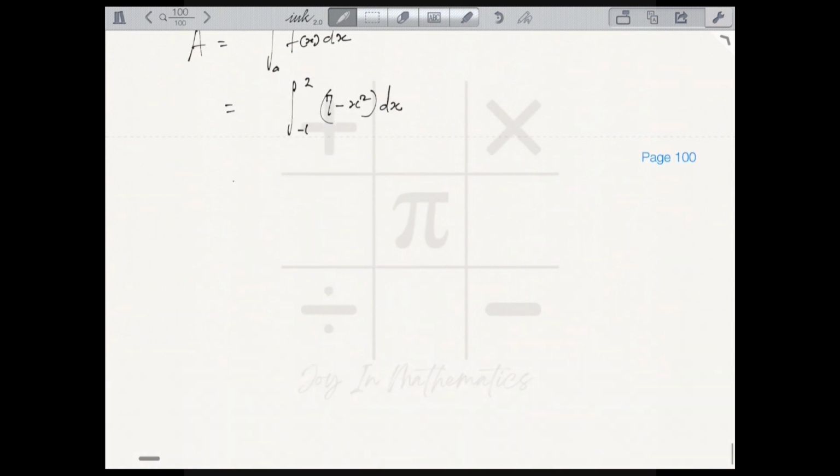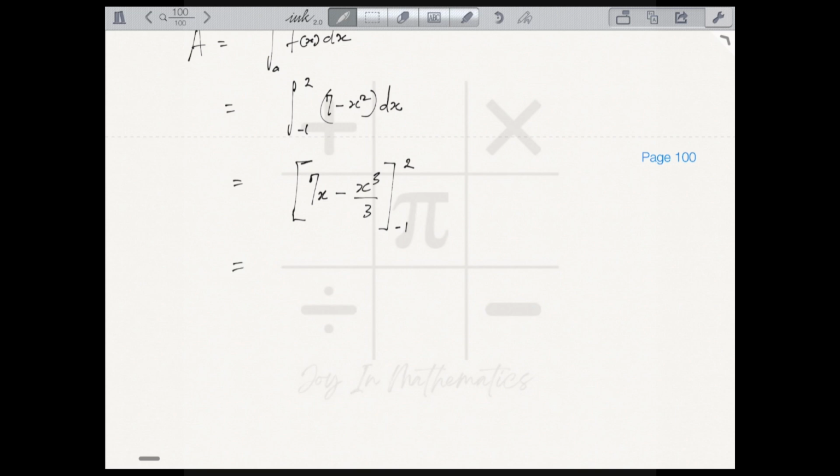Simplifying further, we have to evaluate the integral of 7 minus x squared. Integrating 7 minus x squared, we have 7x minus x raised to the power 3 over 3 from minus 1 to 2. So we input the lower limit and we input the upper limit.